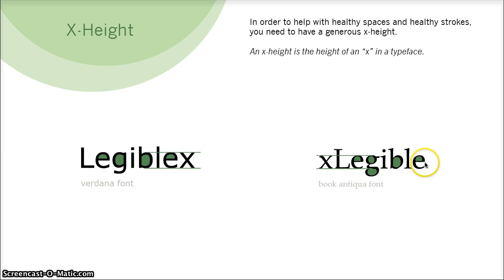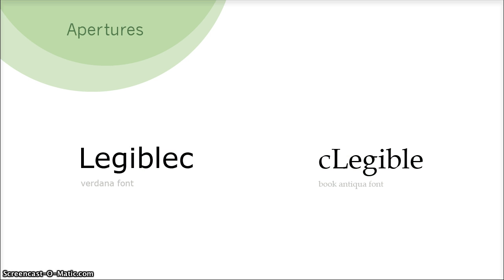As in the E, you can notice how small the open counter is in the E compared to the E over here, along with the G in both of these. So it's really interesting. When we determine the X height, we need to also look at the healthy strokes and open counters as well as the X height. So if we move on, let's talk about apertures.